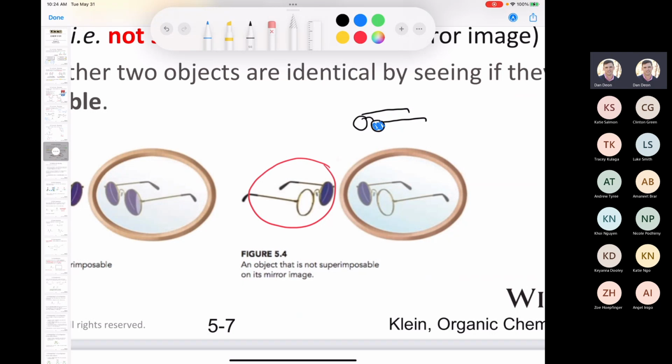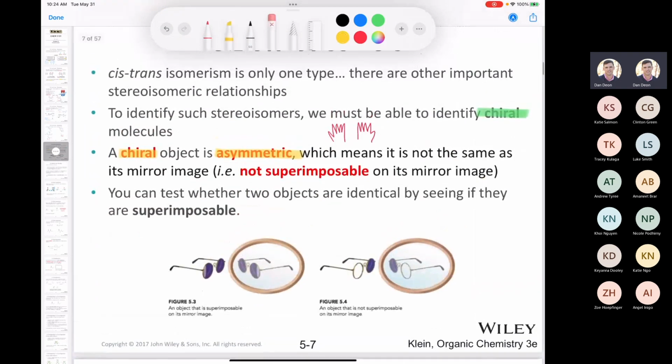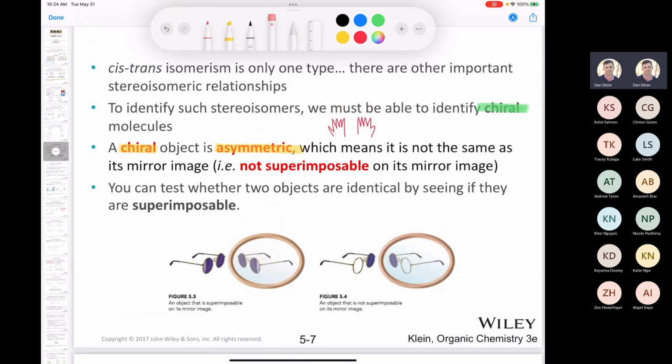Therefore, what I have in the red circle, those are non-superimposable mirror images to what's inside the mirror. Therefore, we say that the glasses with the lens poked out are chiral. We say it's a chiral object.